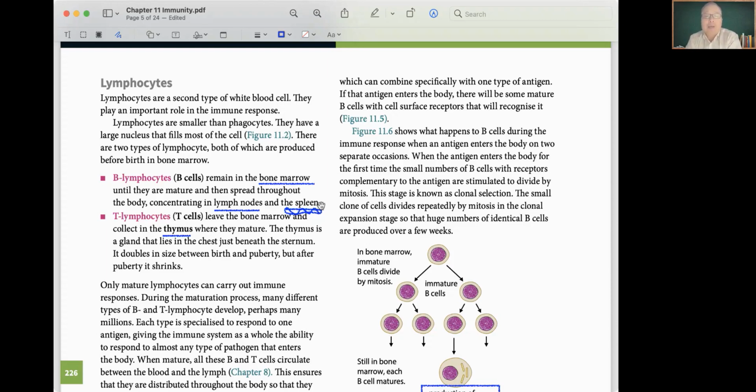Second, the spleen is the human organ that contains many lymphocytes.